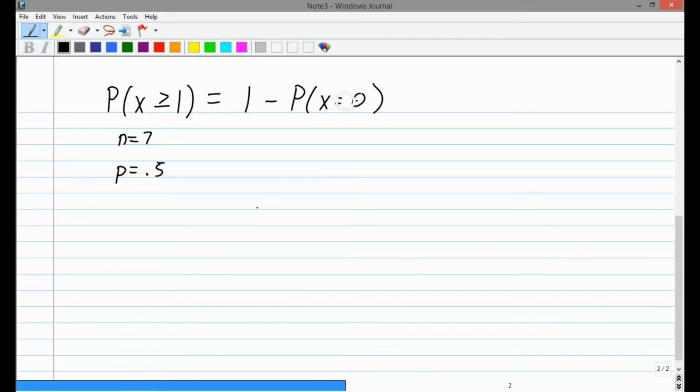And then x, for us, is going to be equal to 0. So we need our binomial probability distribution formula. That is like chapter 6, 5, 6, somewhere around there.